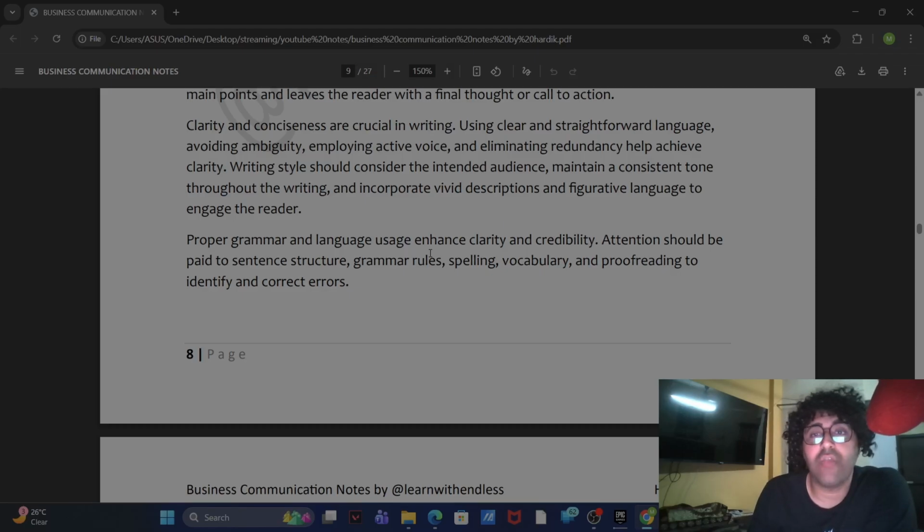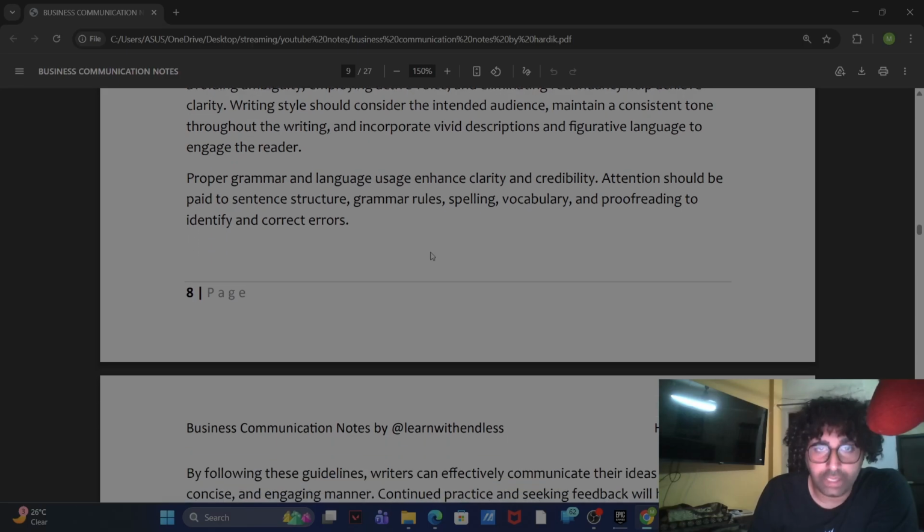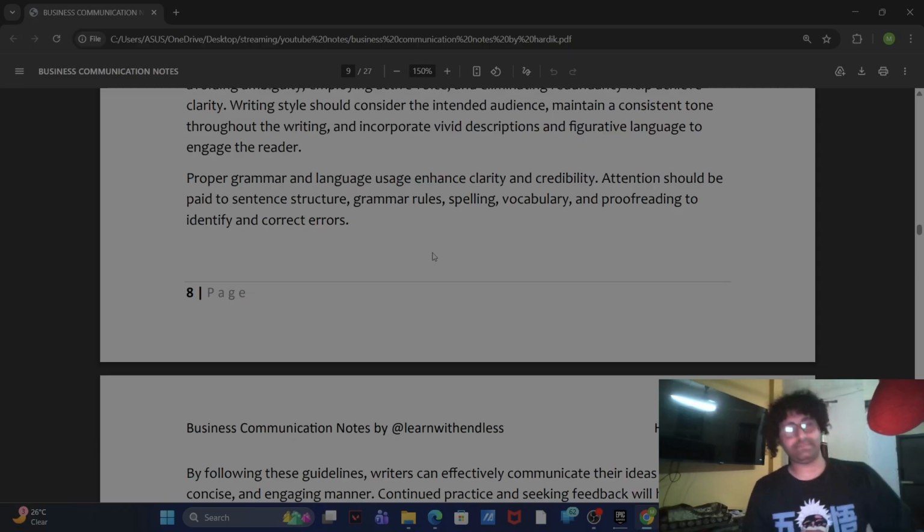Using clear and straightforward language, avoiding ambiguity, employing active voice, and eliminating redundancy help achieve clarity. Writing style should consider the intended audience, maintain a consistent tone throughout the writing, and incorporate vivid descriptions and figurative language to engage the reader.